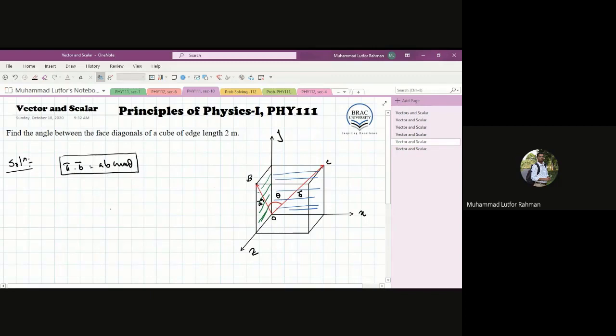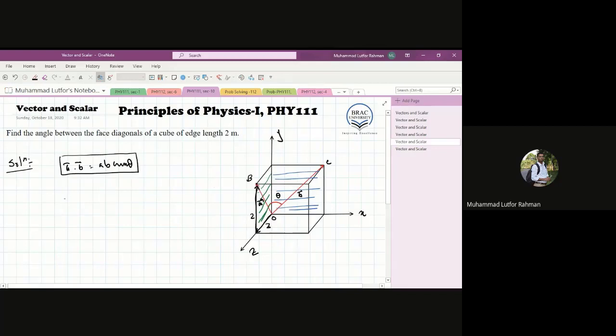Okay, let's see that. So first I have to express that vector, right? I know the length of each arm is 2 meters, right? Then if I want to express the vector A, I have to go 2 units towards the Z direction and 2 units in the Y direction.